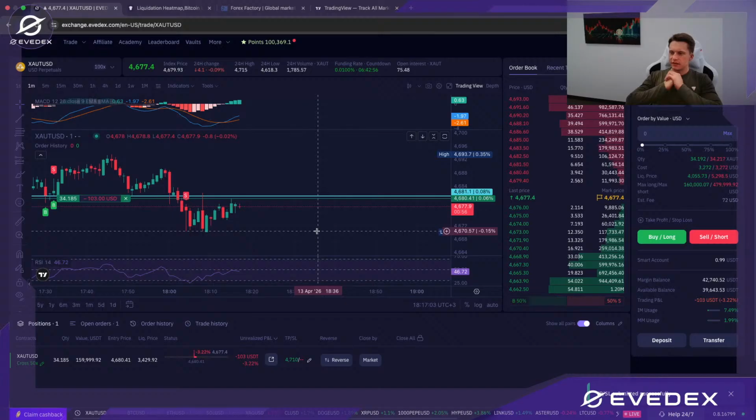So we are getting a lot more bullish movement, but then we would have to see a stronger move from the buyers, because that price doesn't seem to be coming fully back into that key level.